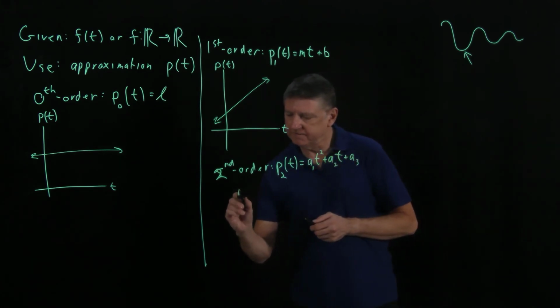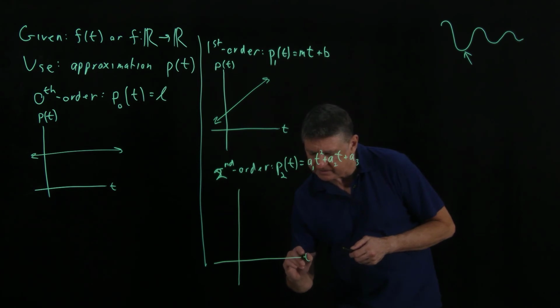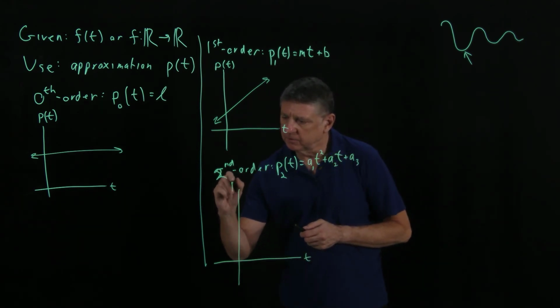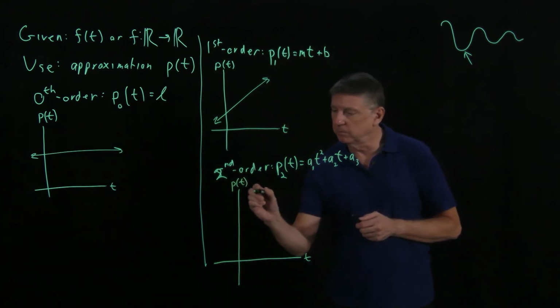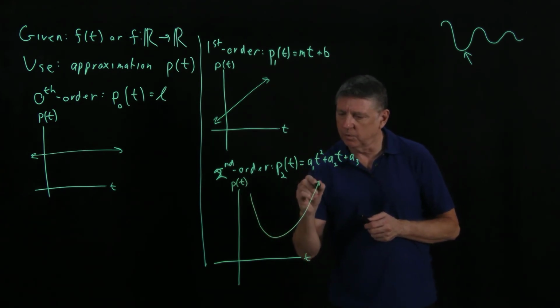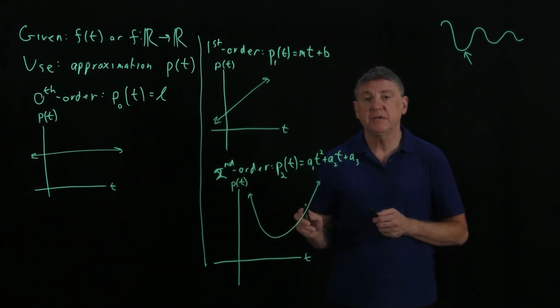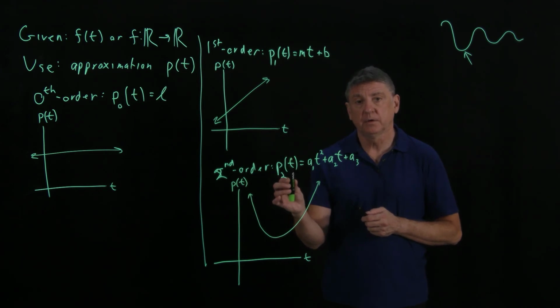If we were to graph this, again, the horizontal axis is our scalar argument and the vertical axis is the function's value, this would look like a parabola, and it would go off to positive infinity. In this case, we want this to be convex, and by convex we mean it's pointing upward.